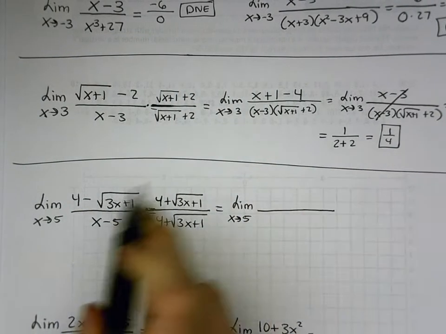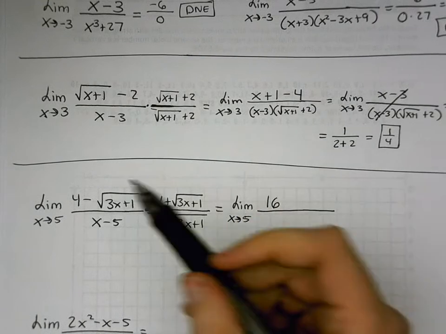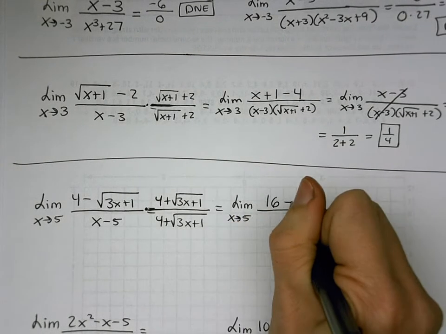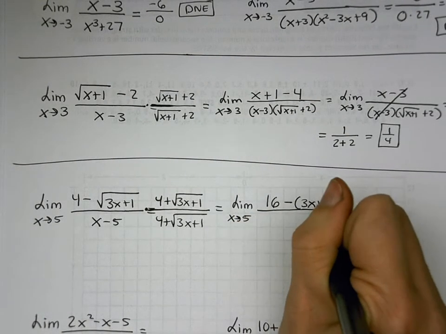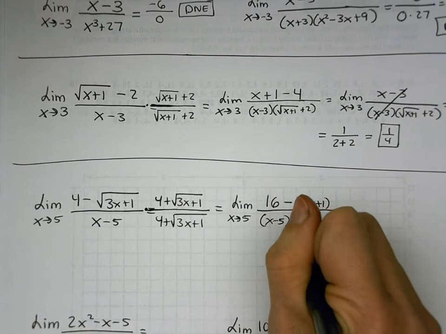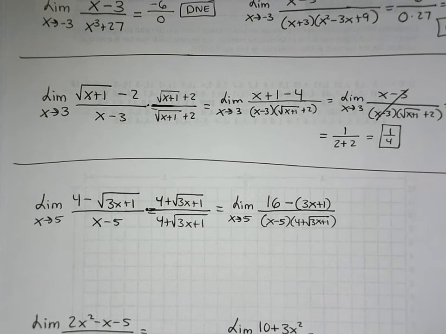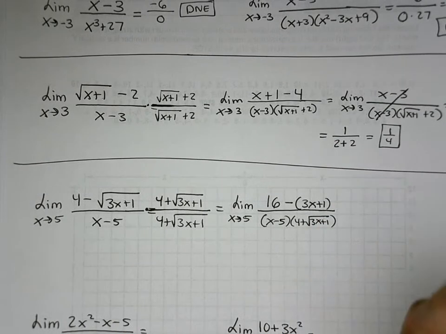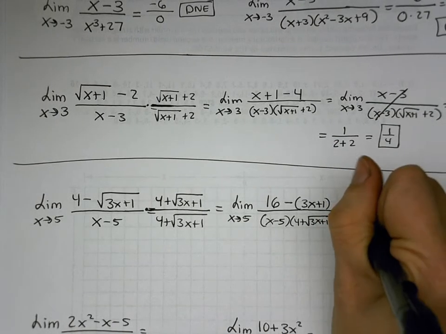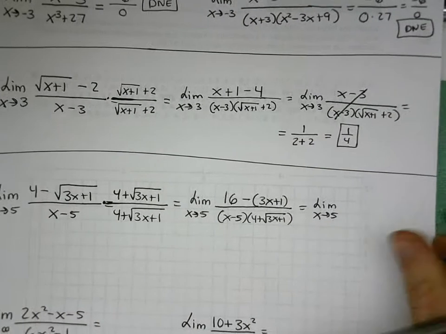So my firsts are going to be 16. Outside, inside cancel. Last, we have negative 3x plus 1. On the bottom, we have x minus 5 and 4 plus root 3x plus 1. Okay, distributing that negative, we have the limit as x approaches 5. Let me slide this over.